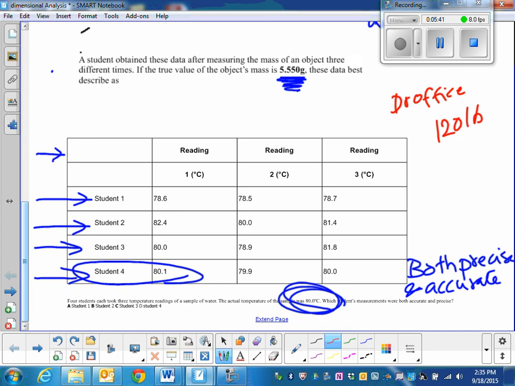The doctor's office put me on a scale, and what is my weight? 120 pounds. I come back after a month. I use a scale that I purchased at a yard sale. I put myself on the scale and it tells me I'm 100.1, 100.2, 99.99. What can you say about my data points?